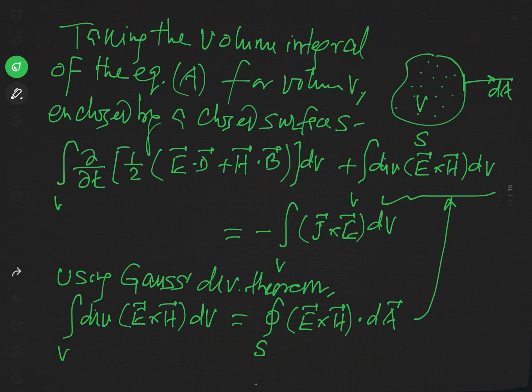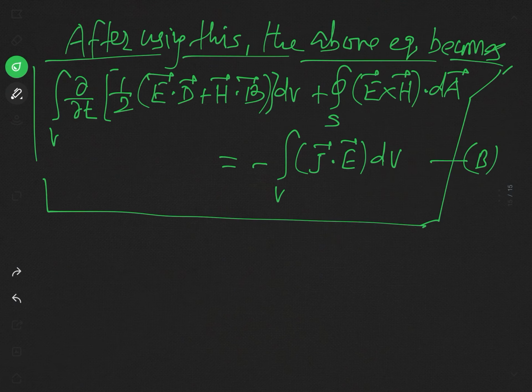So you can see by using Maxwell's time dependent field equations and some mathematical steps, we can easily find the mathematical form of the Poynting theorem.